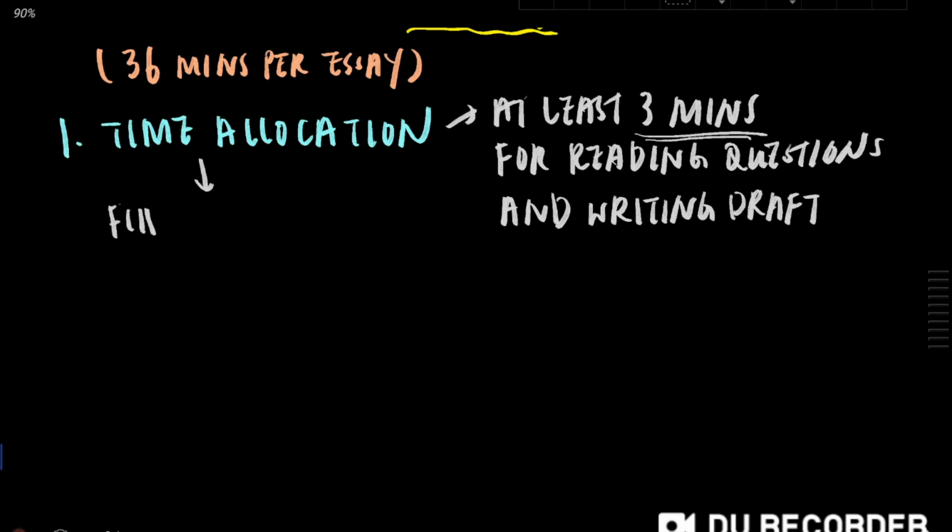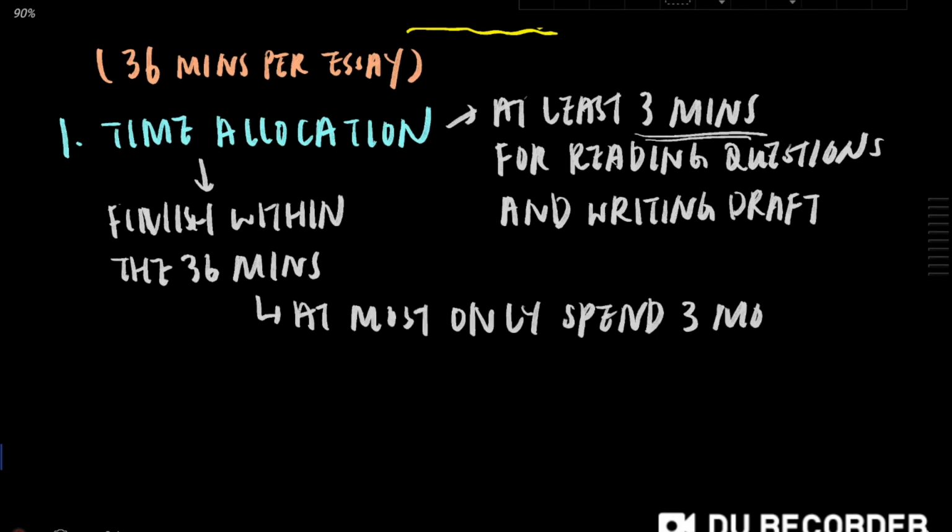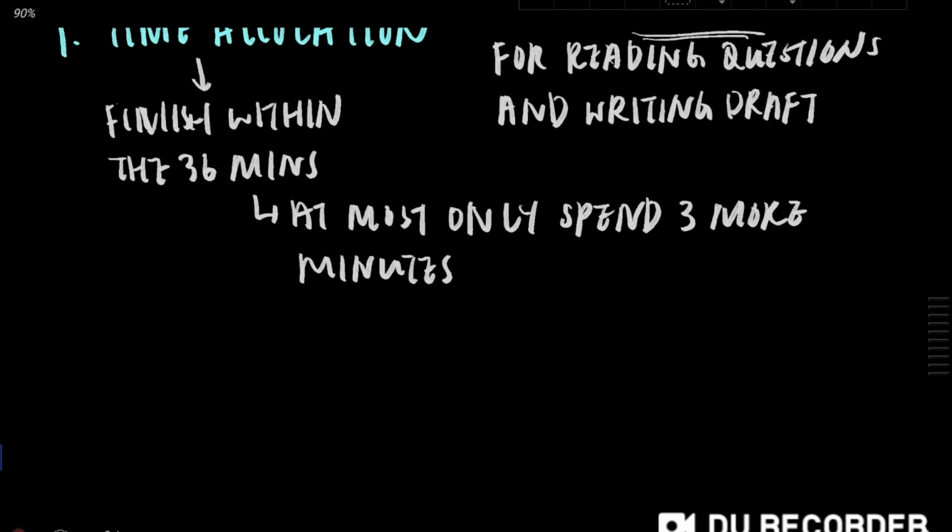Also, make sure that you must finish writing your essay within the time limit of 36 minutes. So after 36 minutes, try to move on to the next question and only spend at most 3 more minutes on it. Meaning that for the first question you're working on, you can only spend at most 39 minutes on it.